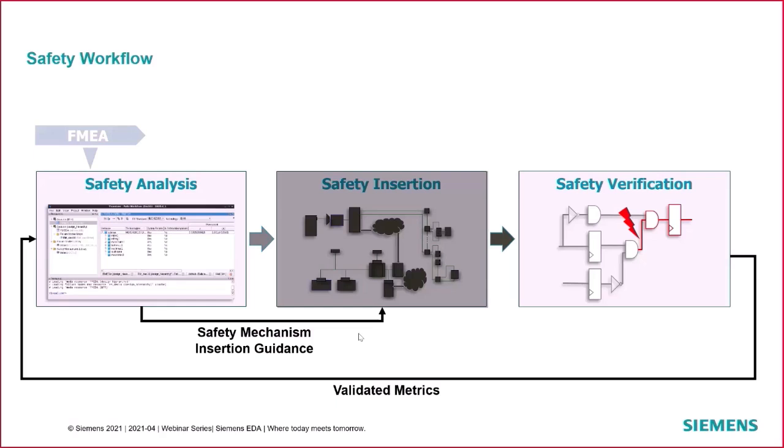As I had mentioned before, we have a three-stage process in which we do some analysis first, and then we perform an insertion of the safety mechanism based on the results of the analysis. And using those safe RTL, we perform a fault injection. And of course, the last process is how do we close that loop, so that whatever fault injection we have done is actually correct and the results meet our safety goal.